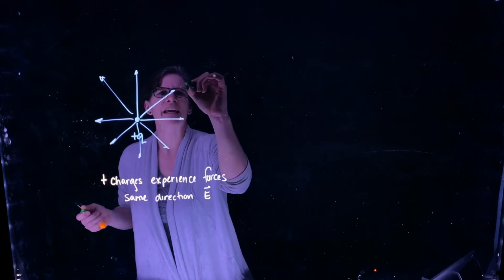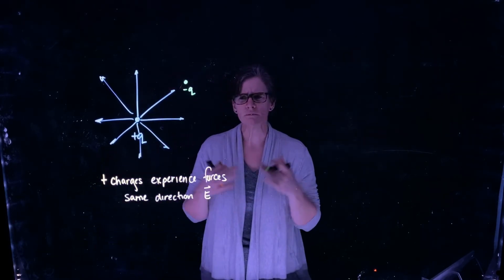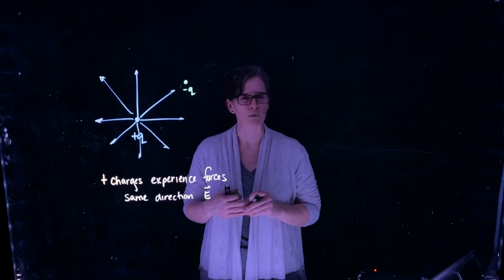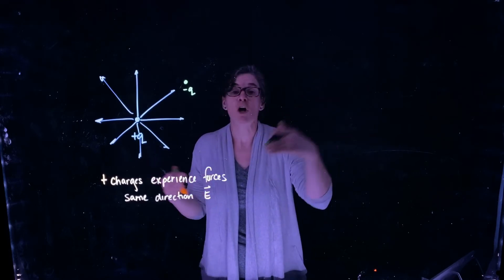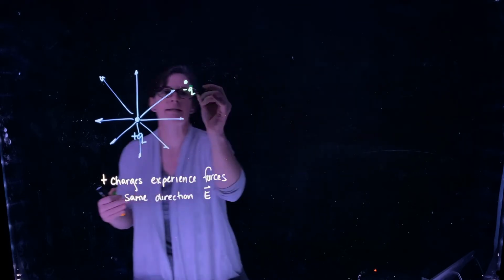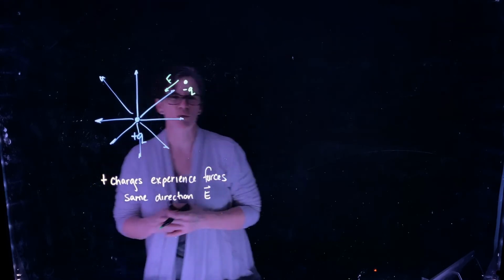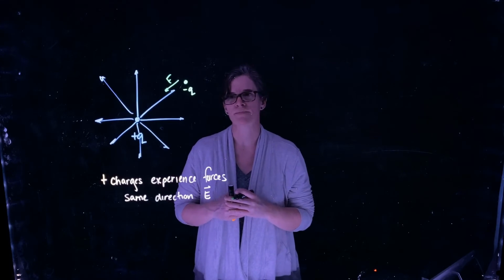Well, if I put a negative charge in the same spot as I put that positive charge, what kind of force does this negative charge feel from this positive charge Q? Well, it's an attractive force. That means it's towards it, along the line that connects those two charges. And so the force that this charge feels is towards the positive charge Q.